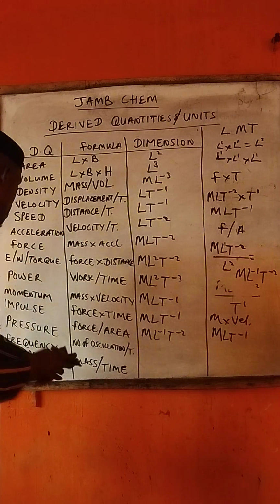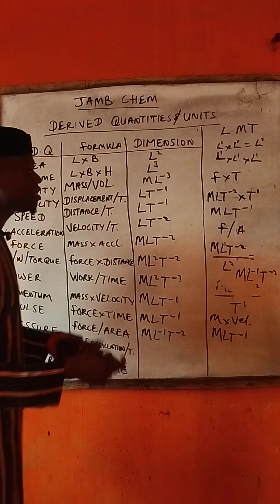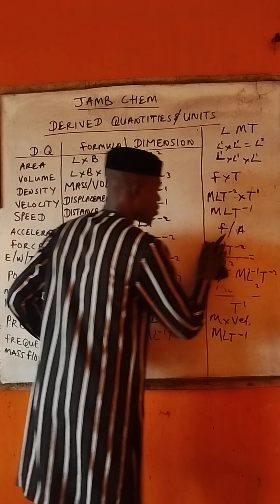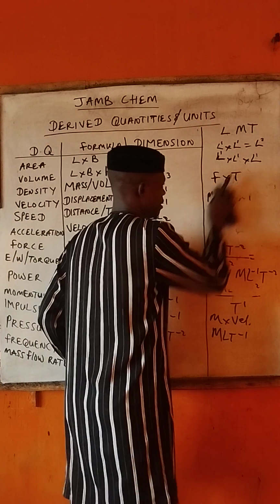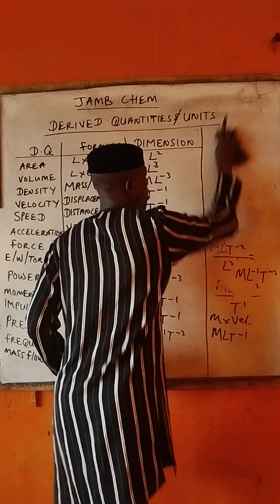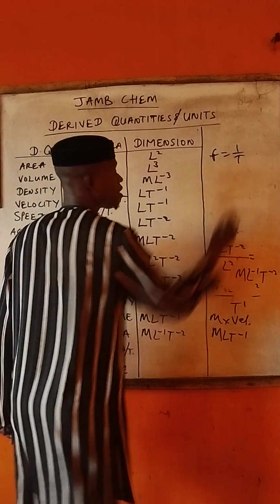Simple as that. The frequency is the number of oscillations divided by time. You know the frequency formula is F equals 1 over T, where T is the period.